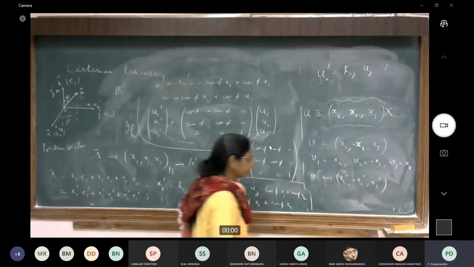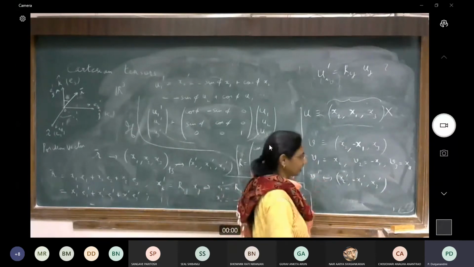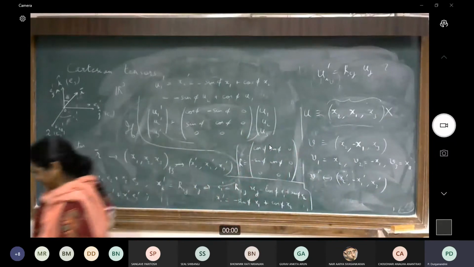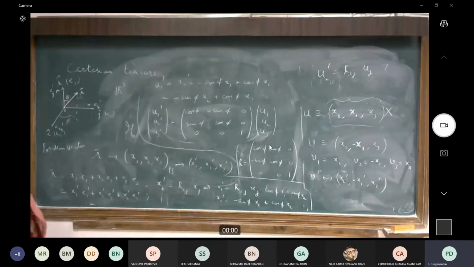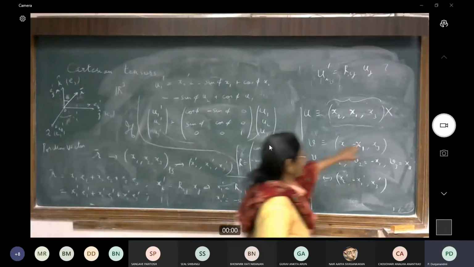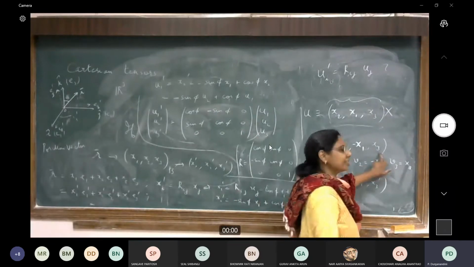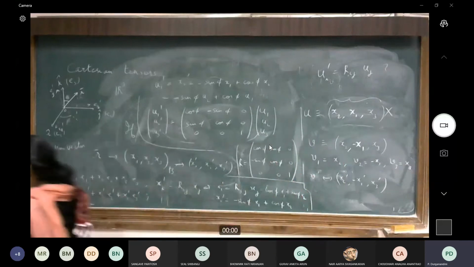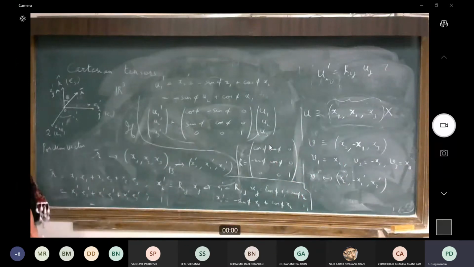Okay, I'm giving this as an exercise now. Show that this constitutes a vector. Verify that this particular combination, if I write it as x2, minus x1, x3, will be a vector. On the other hand, x2, x1, x3, that set of three elements.